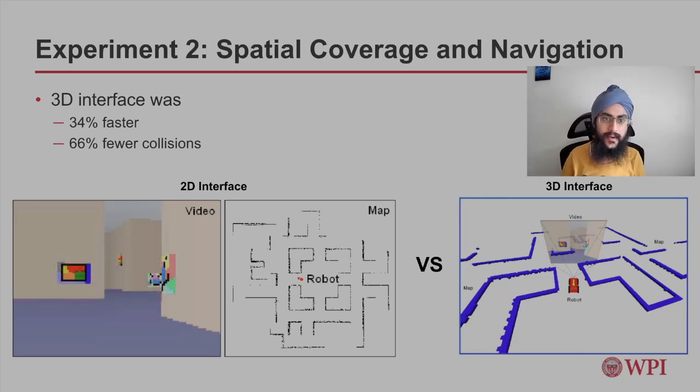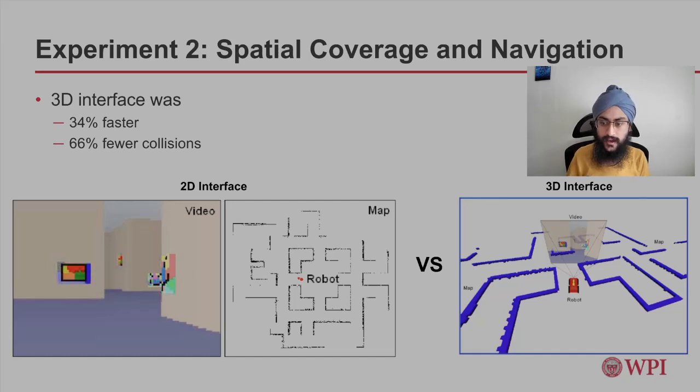And again, we see that the 3D interface performed a lot better, with users completing the task 34% faster with 66% fewer collisions. And in this case, the task was to just go around and map out the layout of the whole room.